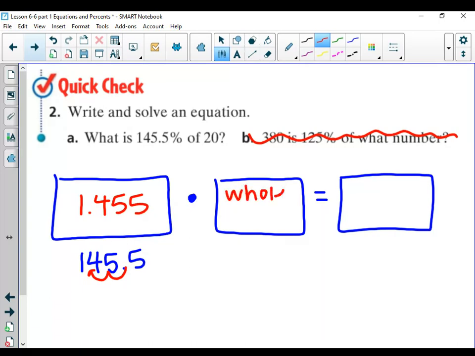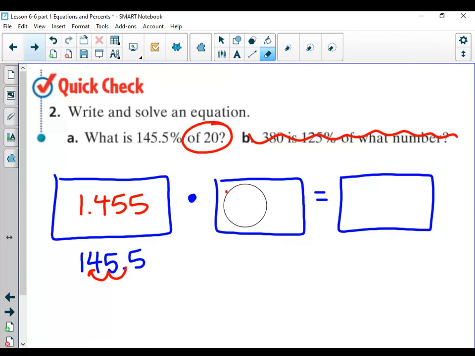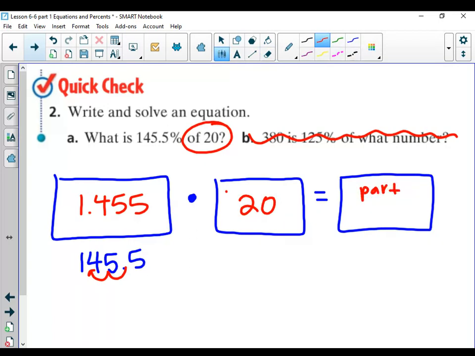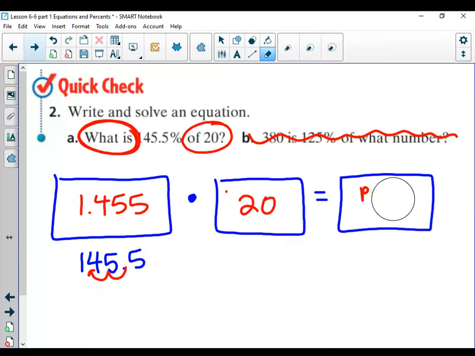This is the whole or the of, 20. This is the part or the is. What is? I don't know. The part's missing.